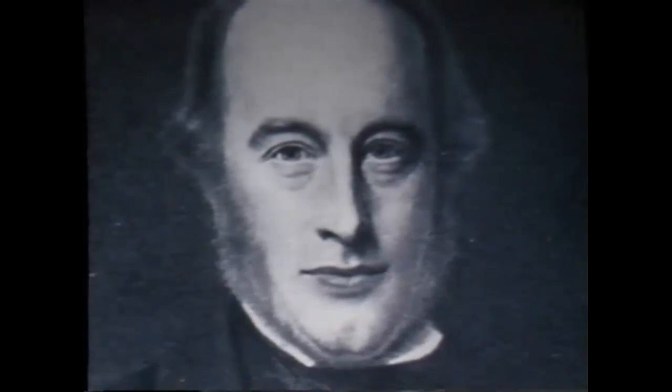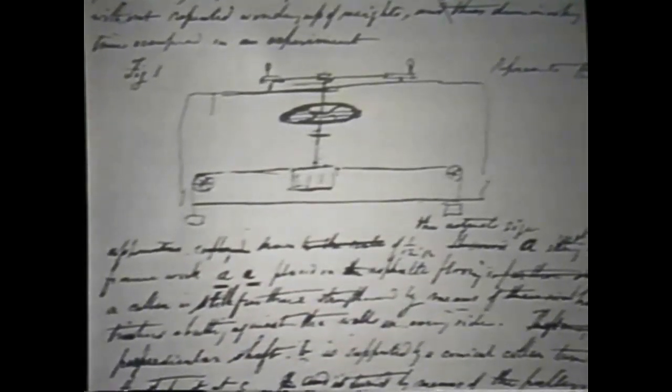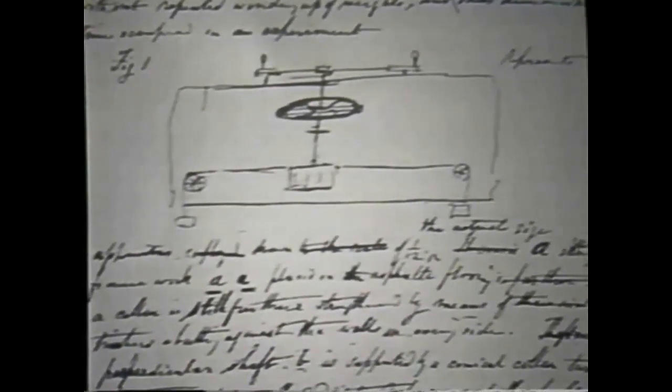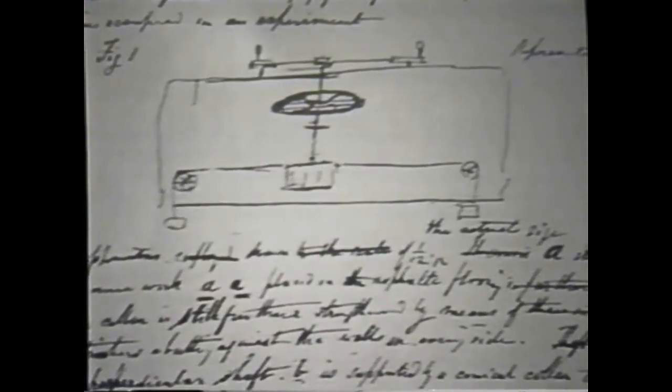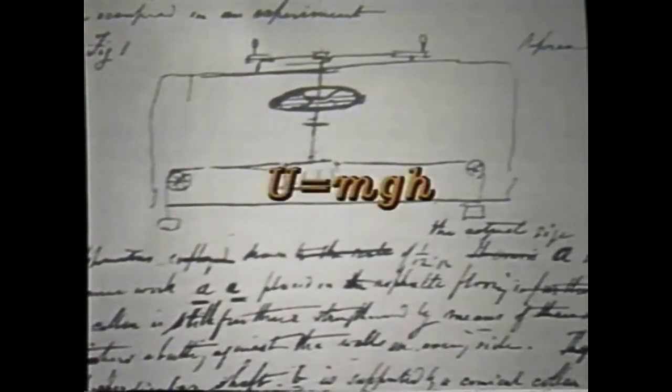The son of a British brewer, Joule studied the efficiency of steam and electric engines for the family business. He devised an ingenious method of measuring how much mechanical energy turns into heat. A large weight, lifted to a certain height, has a precise potential energy, mgh.